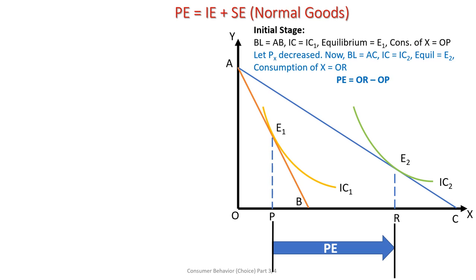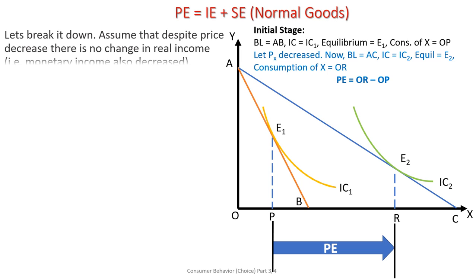Now let's break it down into the substitution effect and the income effect. For the substitution effect, let's assume that despite the price decrease, there is no change in real income. In this case, the budget line will no more be AC. In fact, the budget line will be FG.